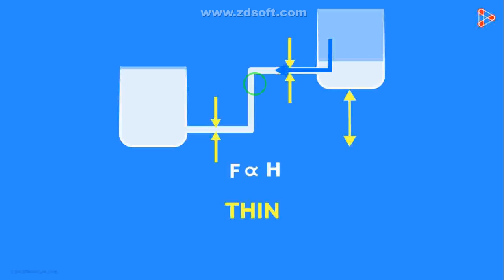When the thickness of the pipe is reduced, less water will flow from high to low. Due to this, even though the height is more, the water flow is reduced compared to the first condition.